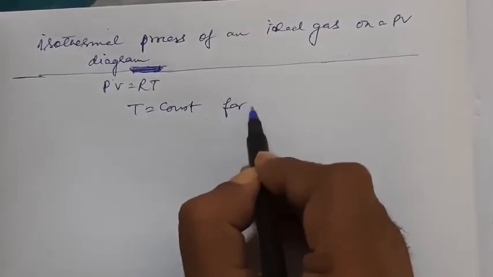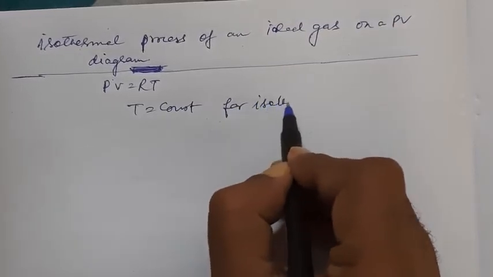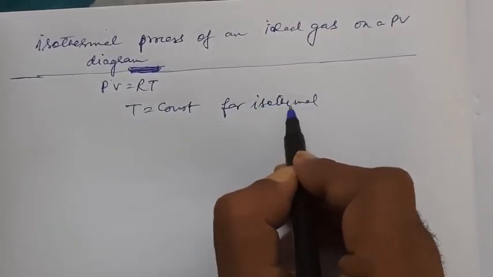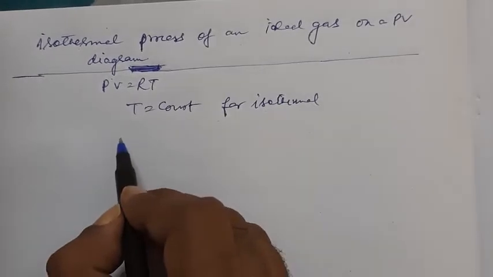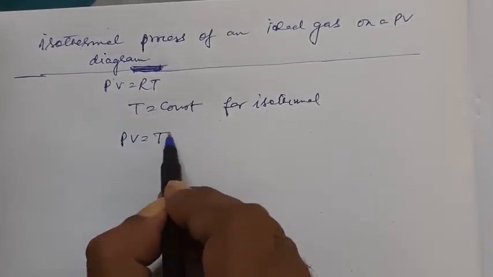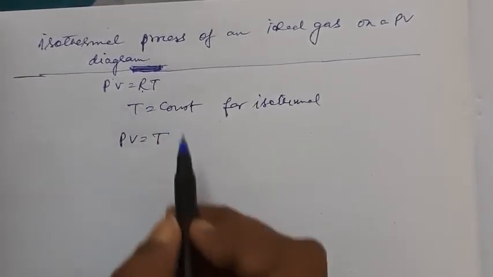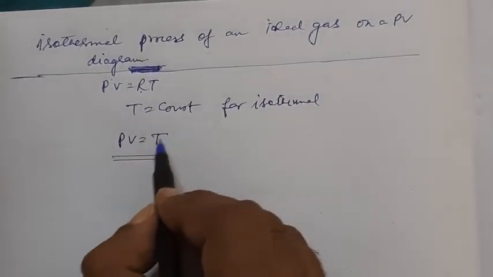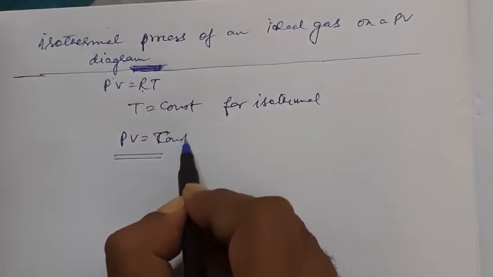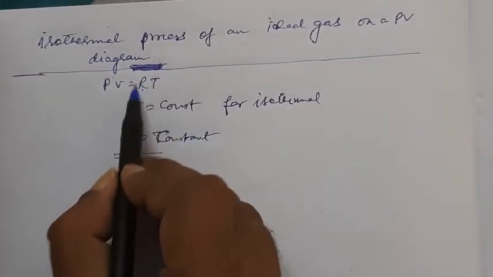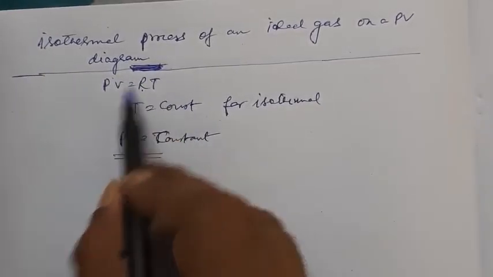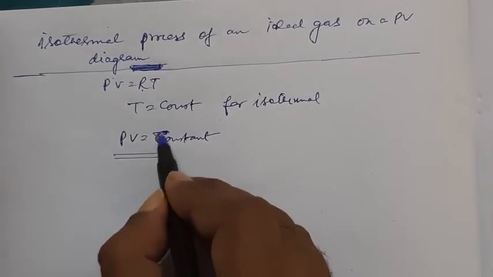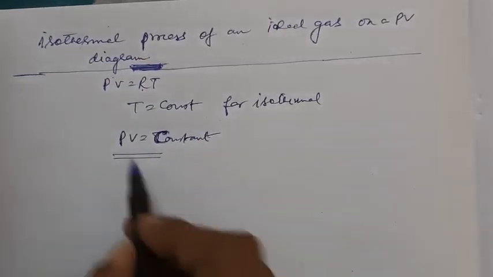Since R is constant and T is also constant, you can say that PV is equal to one constant value.